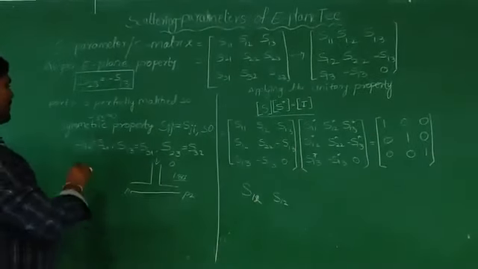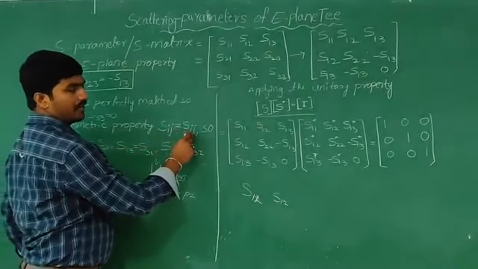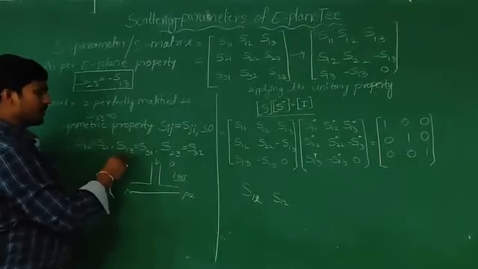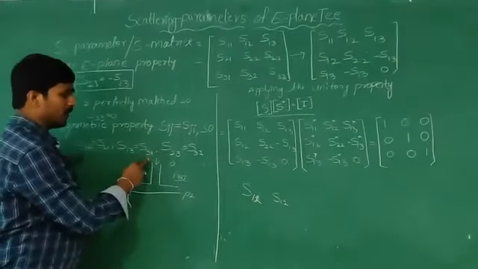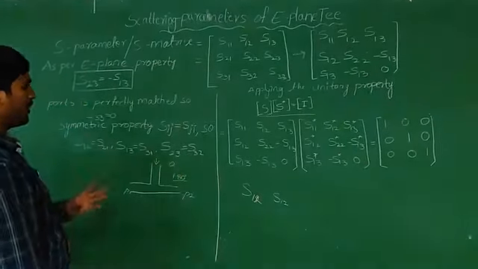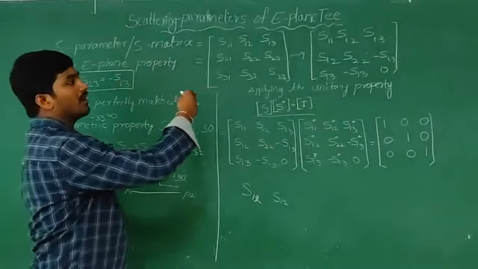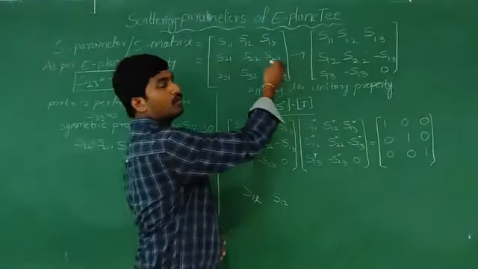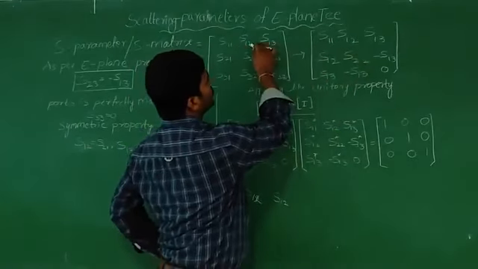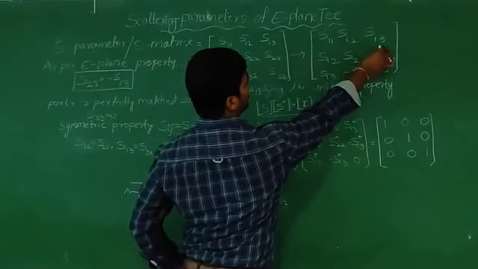As per the symmetric property, Sij is equal to Sji. So we can write S12 is equal to S21, S13 is equal to S31, S23 is equal to S32. Now we are going to substitute all the values in the S matrix. S11 as is, S12, S13 as is.